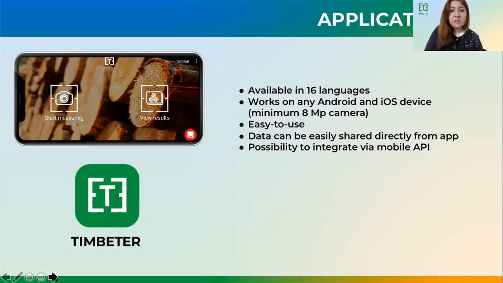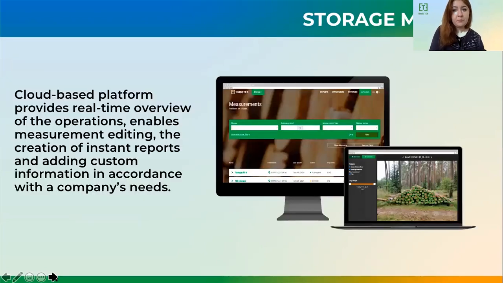As mentioned previously, the data can be easily shared directly from the app, apart from the regular automated synchronization with the cloud storage. And also the application can be easily integrated with mobile API.